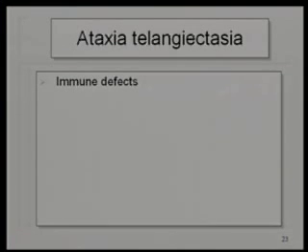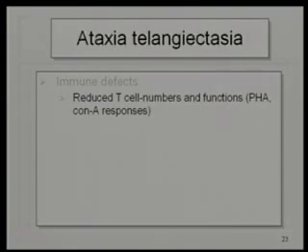Ataxia telangiectasia: the immune defects in this case are a reduced number of T cells, and their functions are reduced. And how does one measure the functions? One of the very broad and easy ways of measuring T cell function is taking the peripheral blood and culturing it in the presence of a protein derived from a bean plant, a bean seed, PHA, phytohemagglutinin.